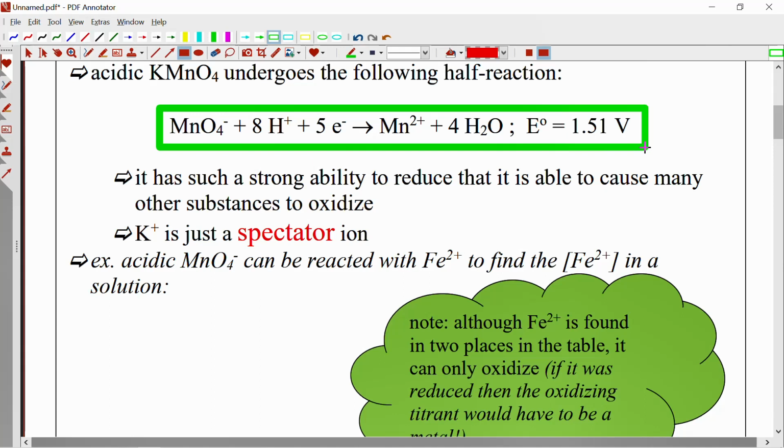Because permanganate is so high on the left side of the table, that means it is a very strong oxidizing agent. It loves to pull electrons off of other substances, causing them to oxidize. It has such a strong ability to reduce that it's able to cause many other substances to oxidize. As I said before, potassium ion is just a spectator.